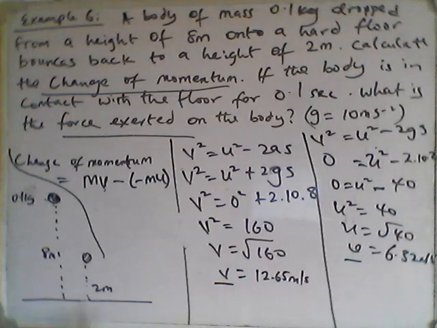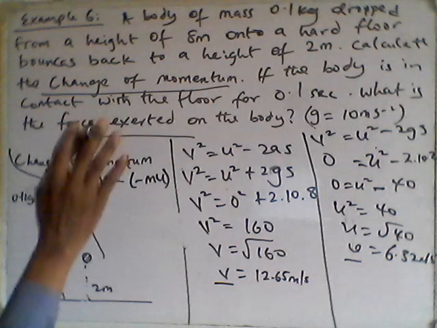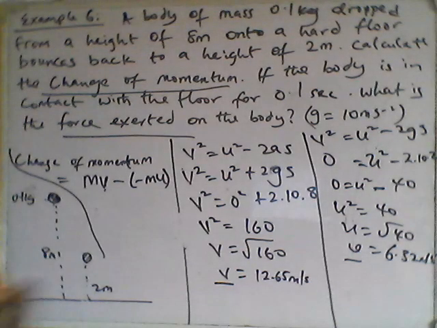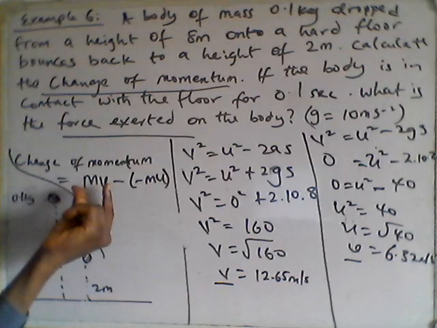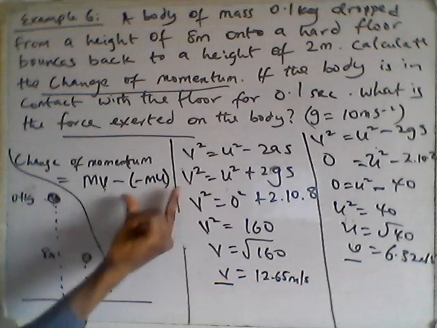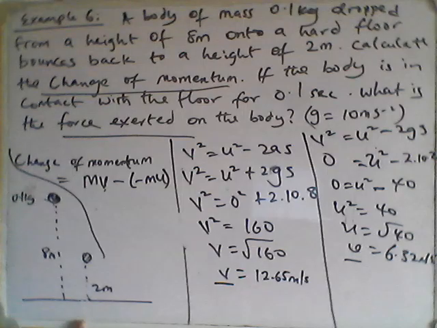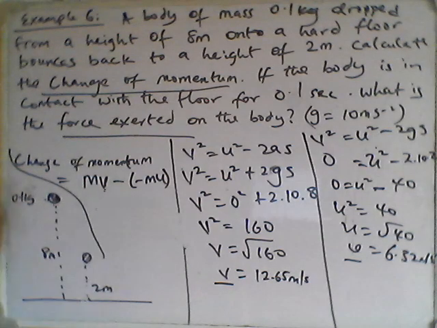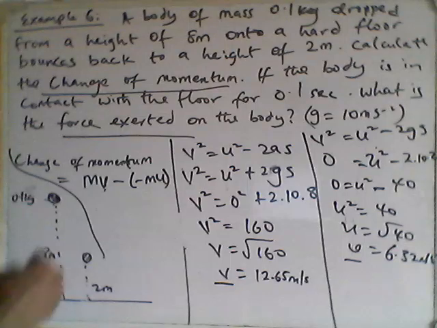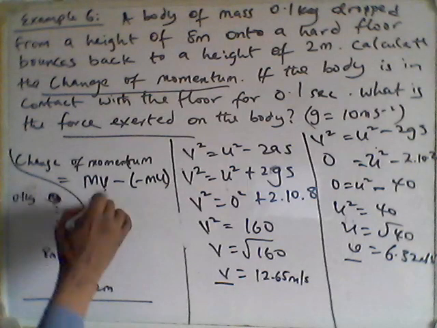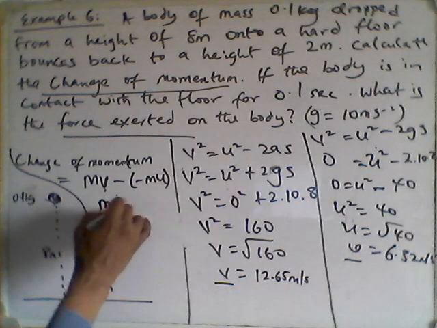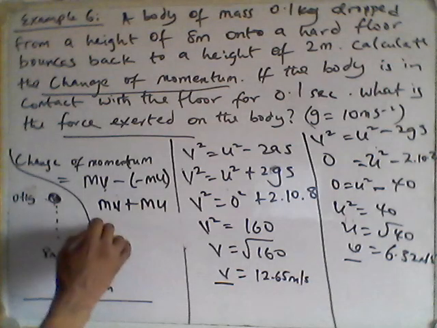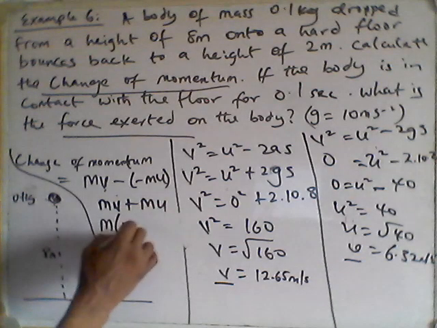So this is the first momentum, which is the final momentum, minus. Then the second momentum is actually acting against it. If after the impact they were moving in the same direction, then this one will be positive here. But because it's moving in the opposite direction, that's why it's negative. So this thing will now become m here outside, then v plus u.